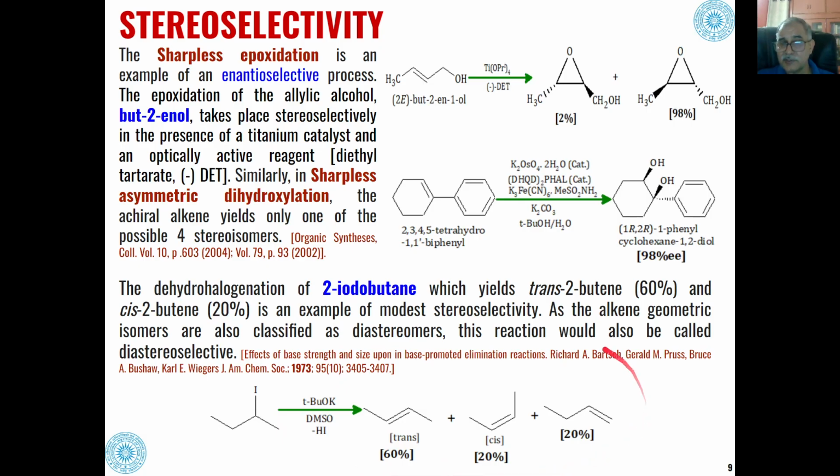So there is a possibility of formation of these diastereomeric products, and you can see that one of the diastereoisomers is formed in more amount, that is 60%, in comparison to the other. So that is why this again is an example of a stereoselective process.